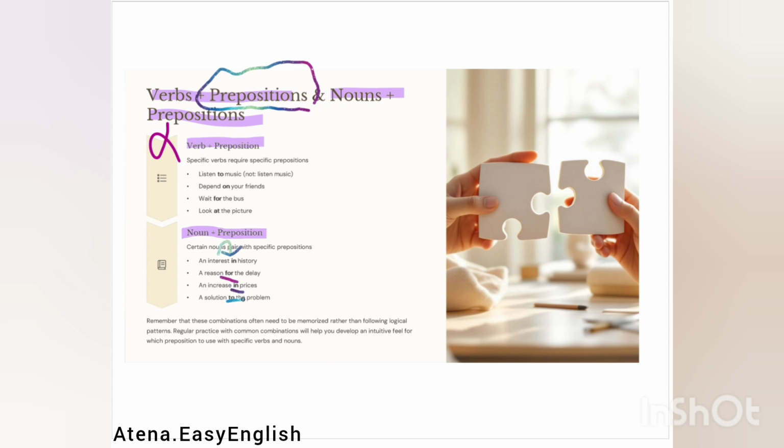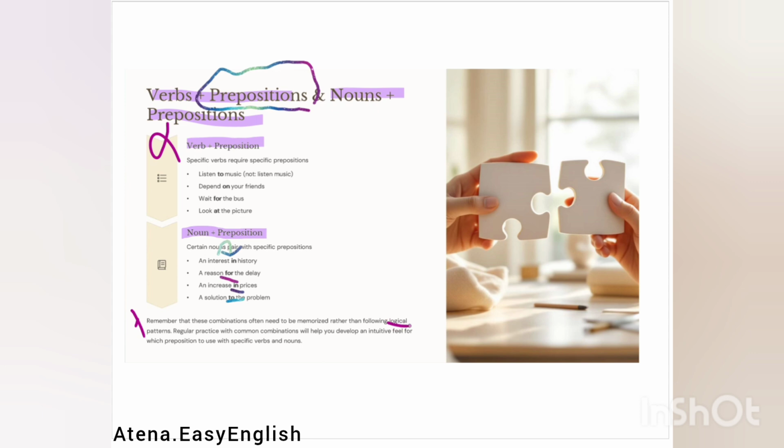How should we know them? One point is to memorize them, and another point that can help you know which preposition to use is to read in English, listen to English, watch in English, and finally keep in touch with English. So remember that these combinations need to be memorized rather than following logical patterns.